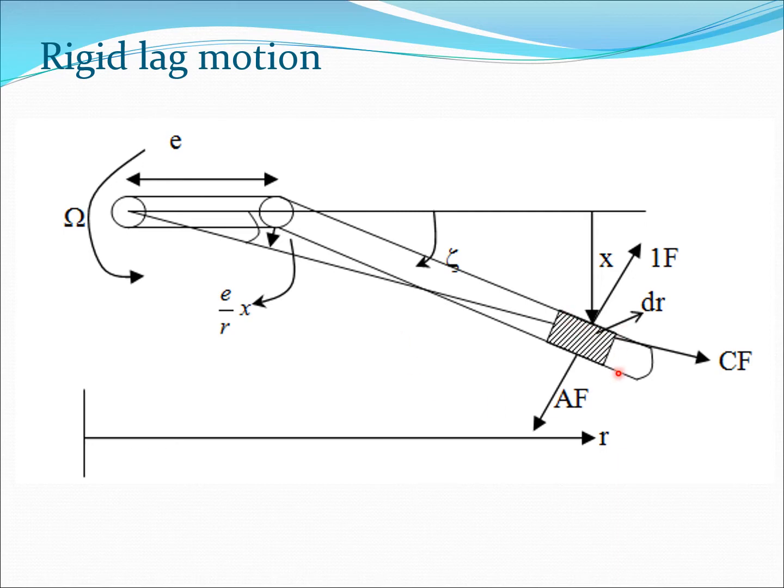Now this small piece has length dr, and the mass per unit length of this blade is m. So three forces are going to act on this particular blade section.